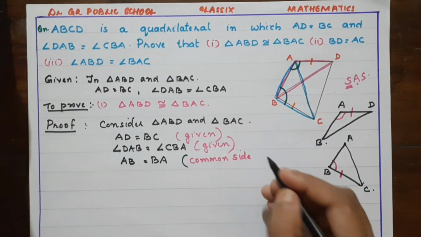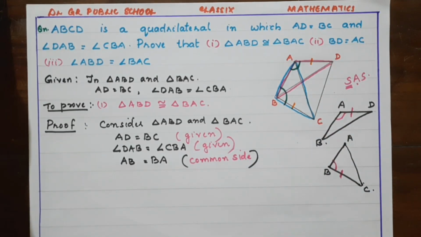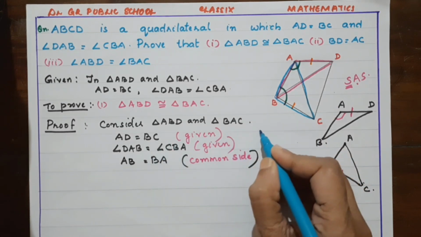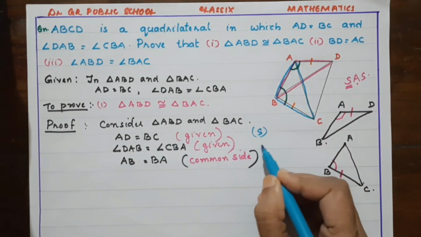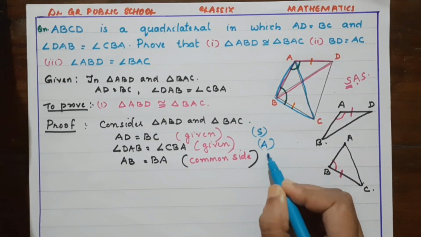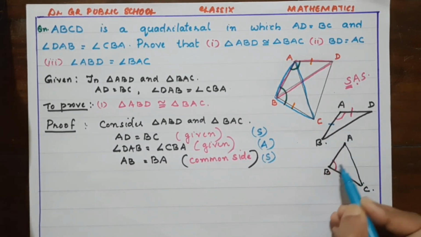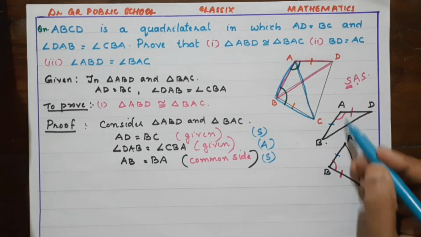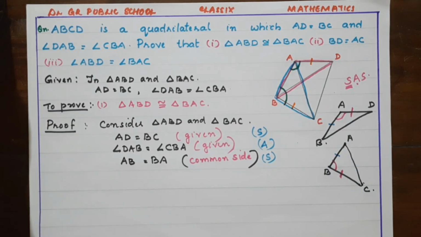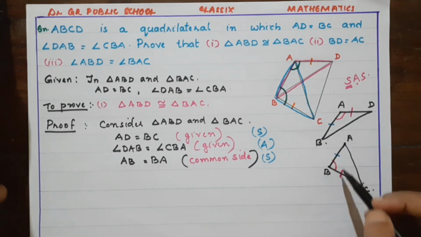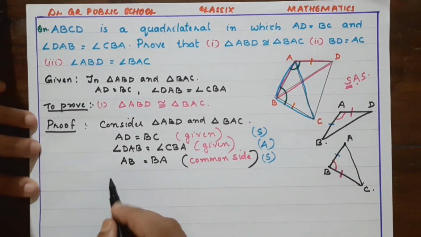Okay. So what did we get? This is one side. This is one angle. This is another side. And the angle is included. Here we got these two equal, so the included angle. So what can we say? The two triangles are congruent, isn't it?